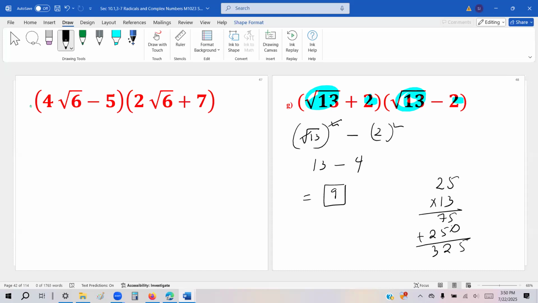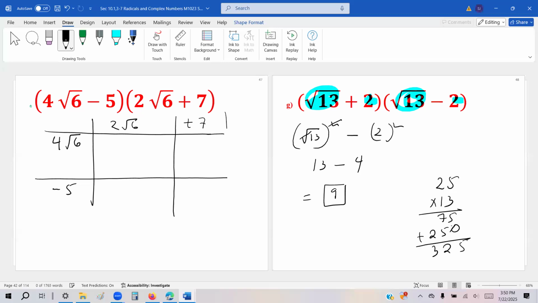Now for this one, if you find the foiling method is hard for you, do the box method. 4 root 6, and then you have minus 5. 2 root 6, and you have 7. Okay. So you multiply this, you get 8 square root of 6 squared. That gives you 8 times 6, which is 48.